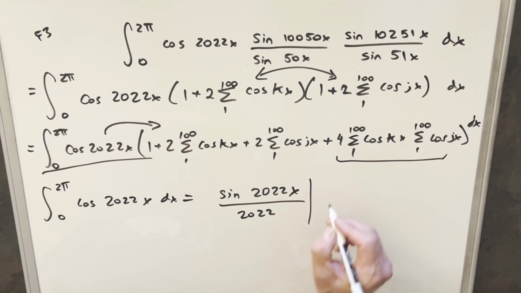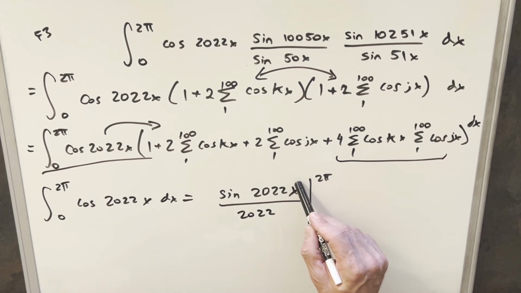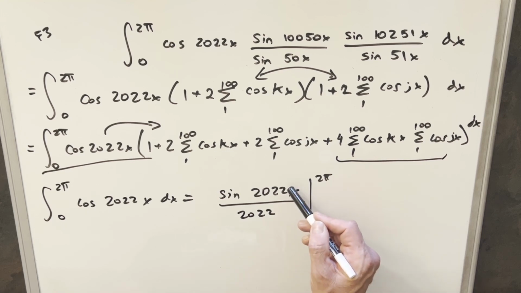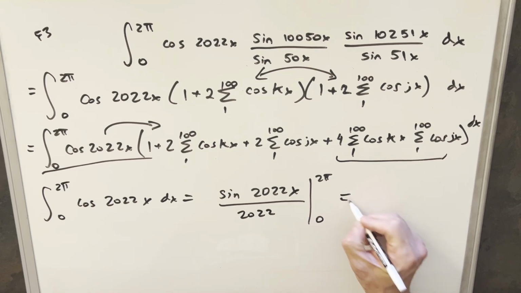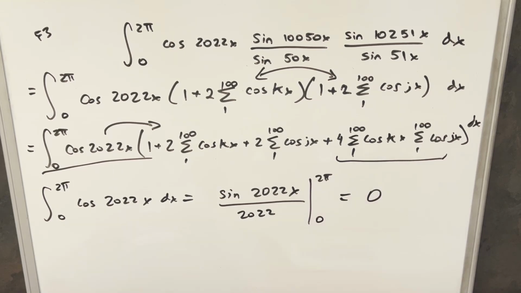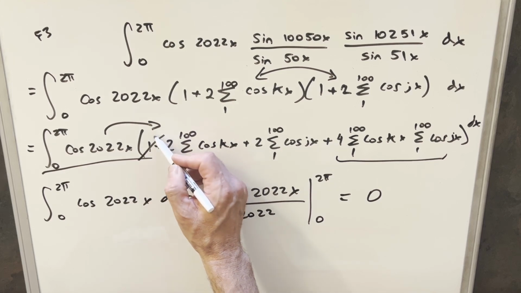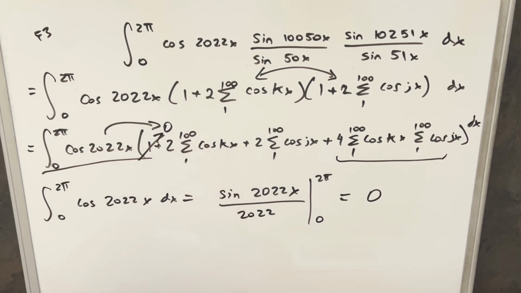We evaluate from 0 to 2 pi. When you plug 2 pi in here, any multiple of 2 pi inside sine is going to go to 0, and when you plug in 0, you get sine of 0. So this whole piece is going to 0. I'm going to get rid of this first integral, and we have this reduced down to 3 integrals now.